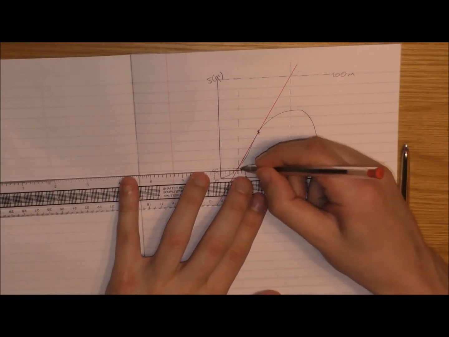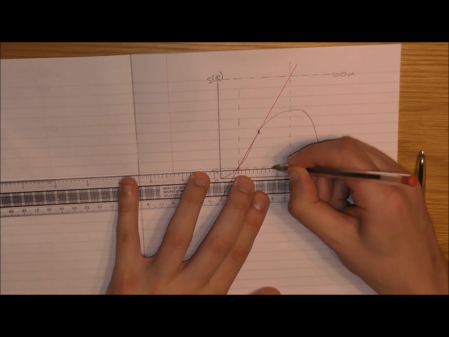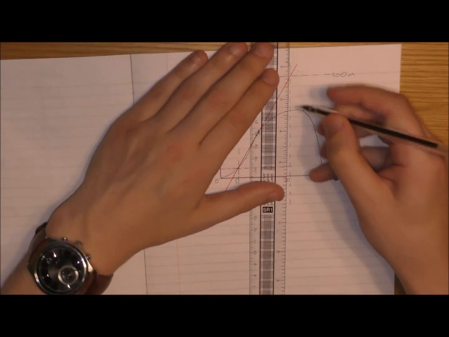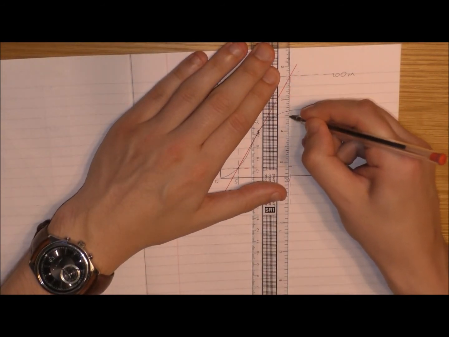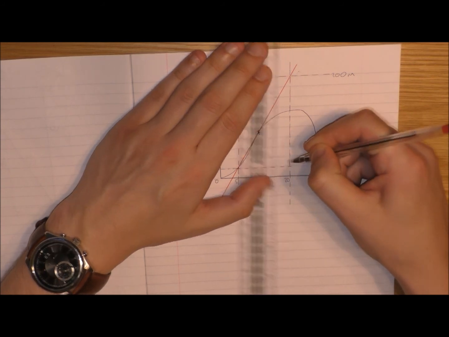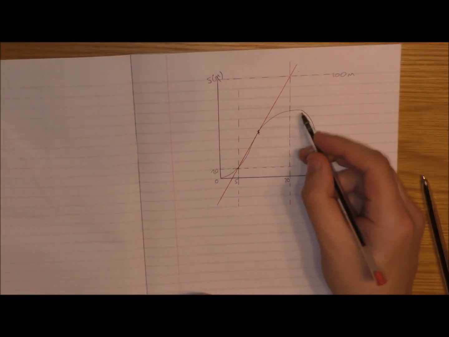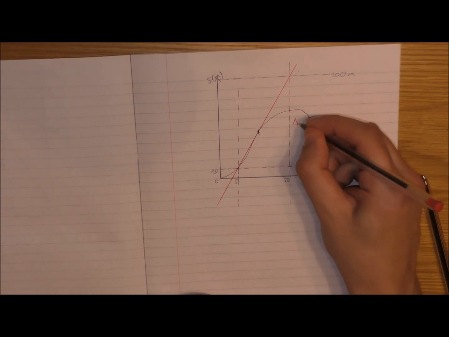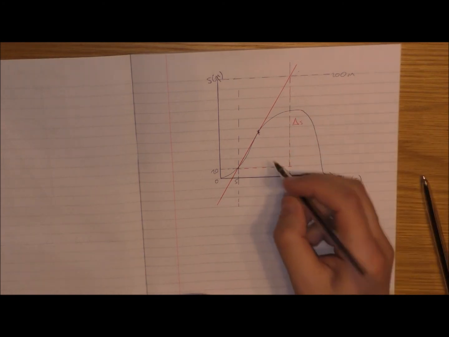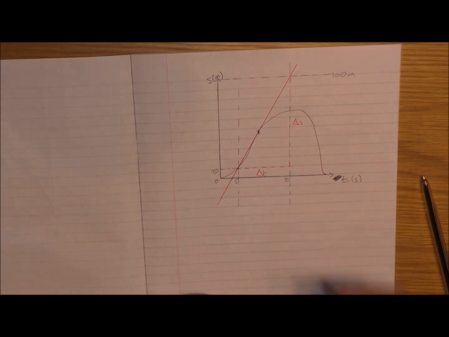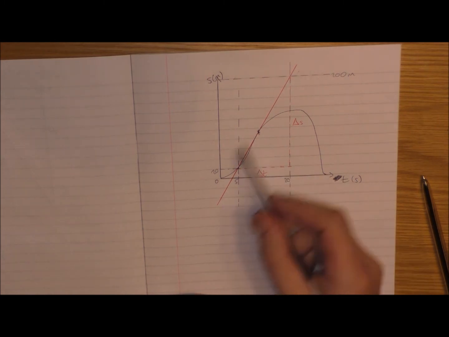and what I can do is find out that exact same information. So I would look there at delta s, I would look there at delta t, and I would find the gradient of this line.